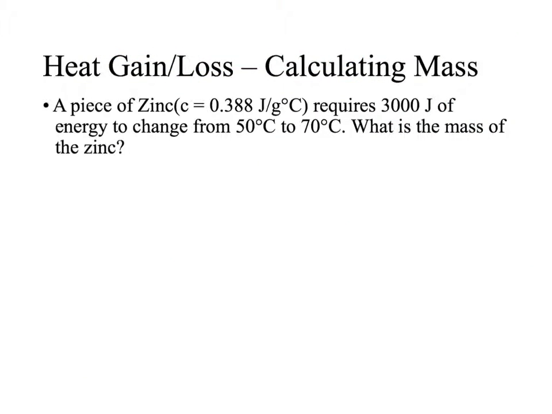In this case, we're going to solve for the mass of zinc. It says a piece of zinc with a C of 0.388 joules per gram degree Celsius requires 3,000 joules of energy to change from 50 to 70 degrees. That's a 20 degree temperature rise. And they ask us, what is the mass of the zinc? In order to do this, we're going to solve Q equals MC delta T for the mass.